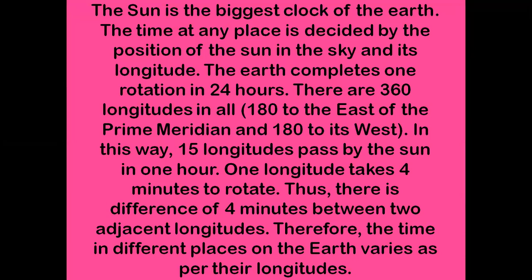The earth completes one rotation in 24 hours. There are 360 longitudes in all, 180 to the east of the prime meridian and 180 to its west. In this way, 15 longitudes pass by the sun in 1 hour. One longitude takes 4 minutes to rotate.